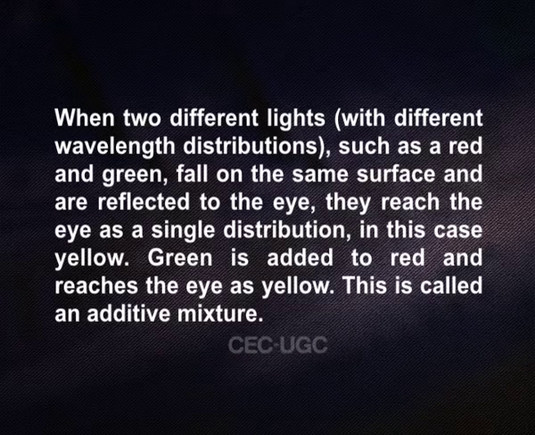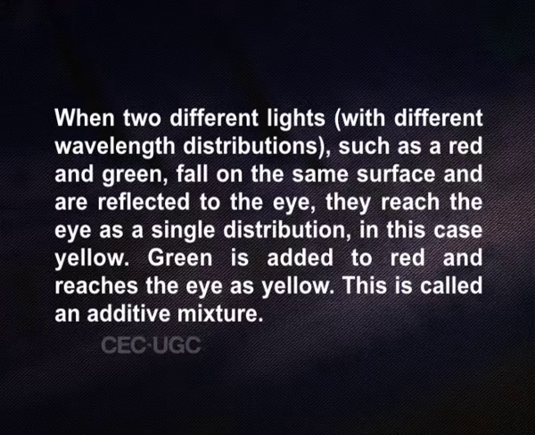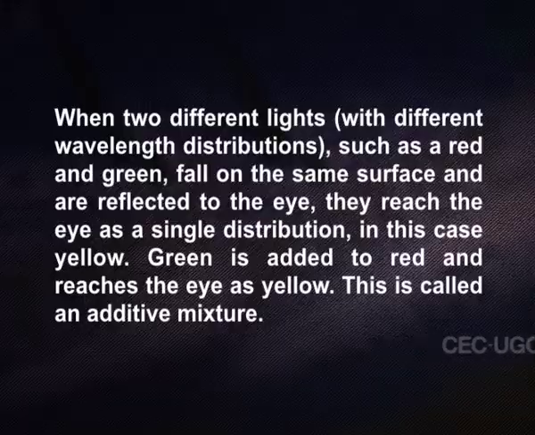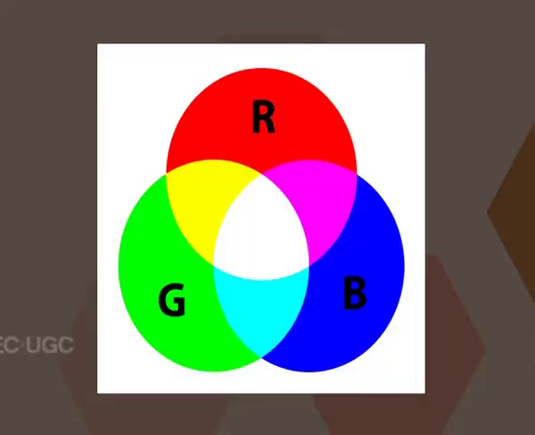In this case, green is added to red and reaches the eye as yellow. This is called an additive mixture. All of the changes that occur in light before it reaches the eye work according to the additive or subtractive process.